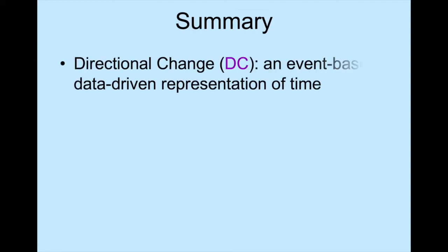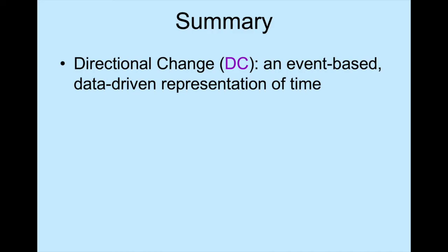To summarize, directional change is a new way to record price changes in the market. It takes an event-based representation of time. Directional change is data-driven in that the data tell us when to sample which transaction.